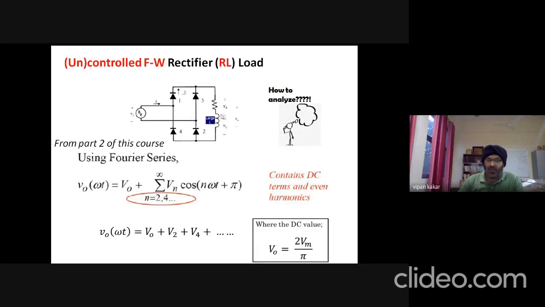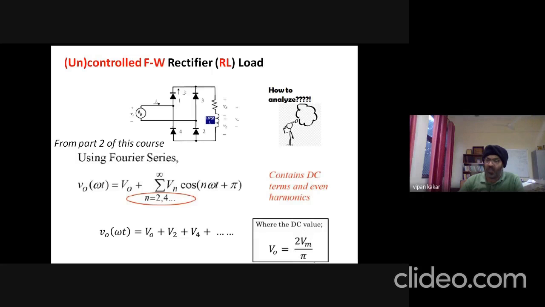For uncontrolled full wave rectifier or controlled full wave rectifier, on similar terms as we did in half-wave rectification, using Fourier series, we can easily identify the harmonic content. This we already know, this is the DC component, and then the harmonic component superimposed on this DC component.